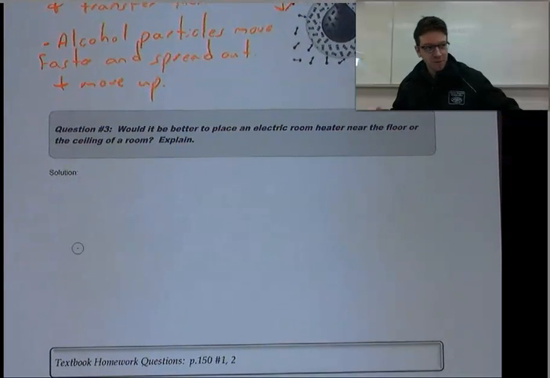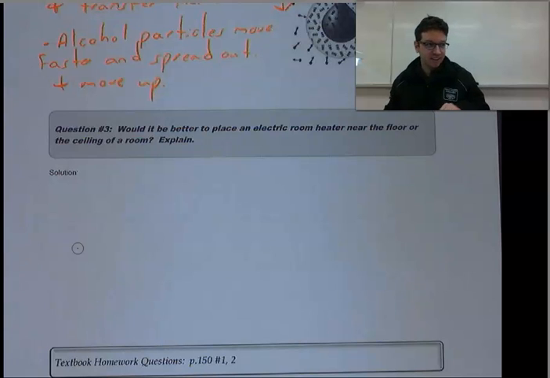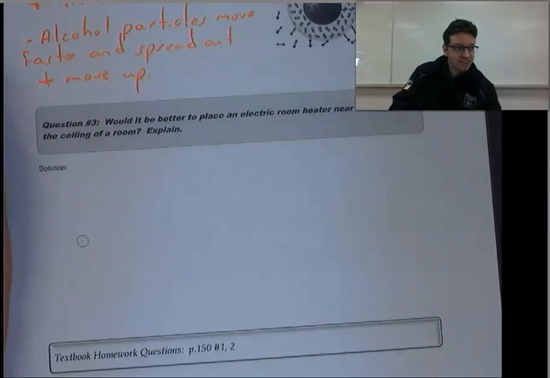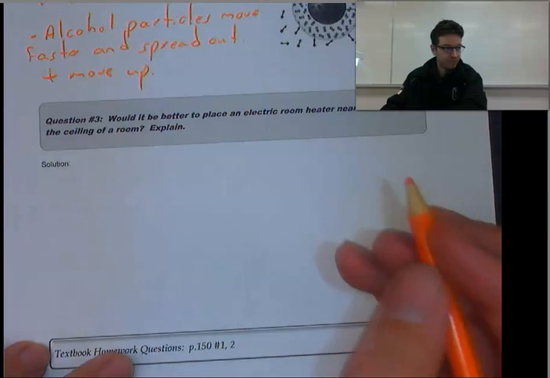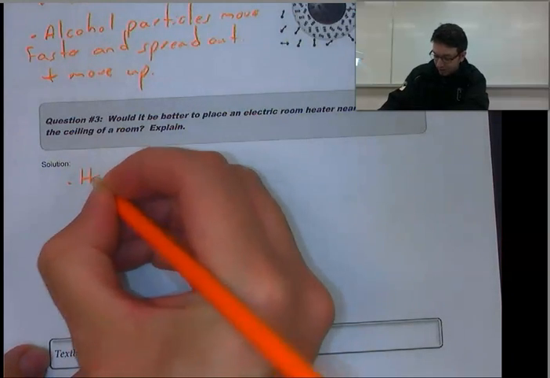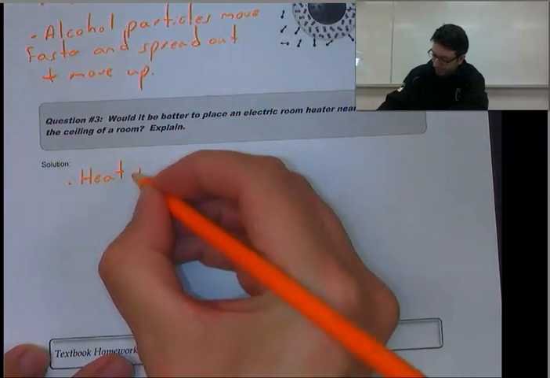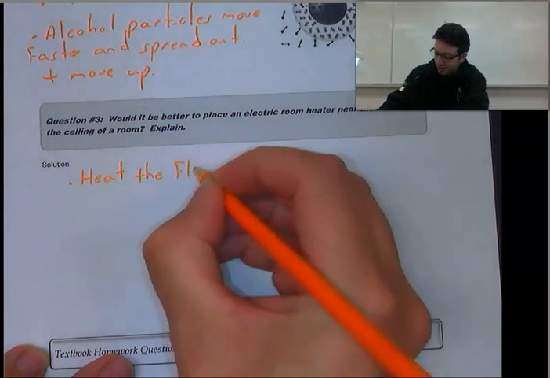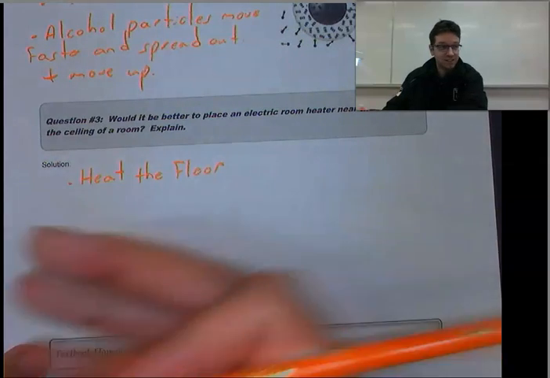This one says, would it be better to place an electric room heater near the floor or the ceiling of the room? All right, so we're going to want to heat the floor. And the reason is those convection currents, just like the one in the pot.